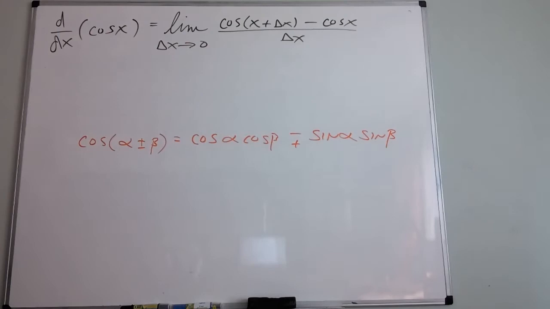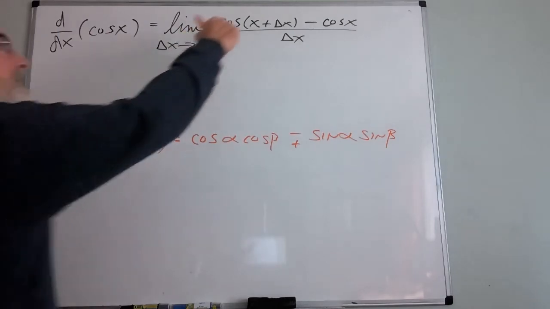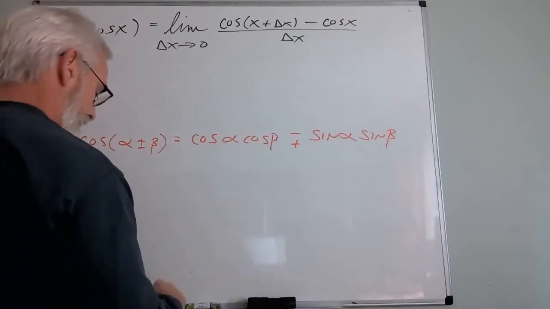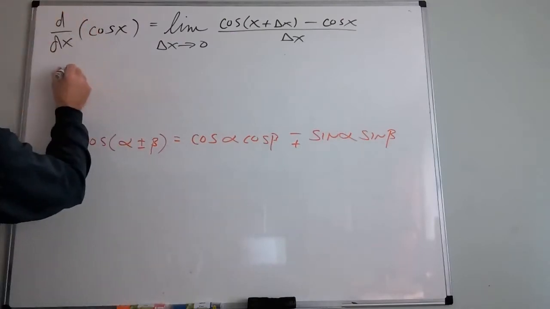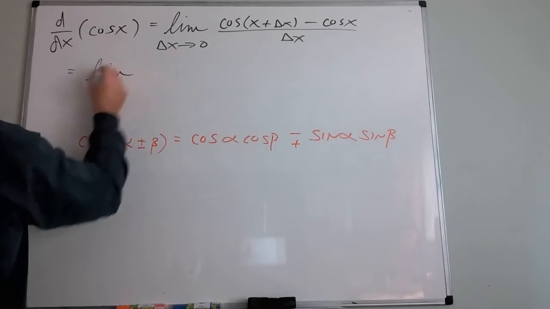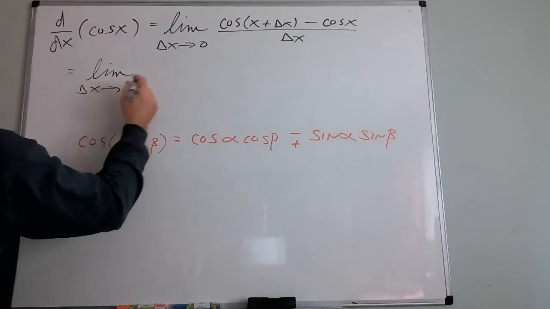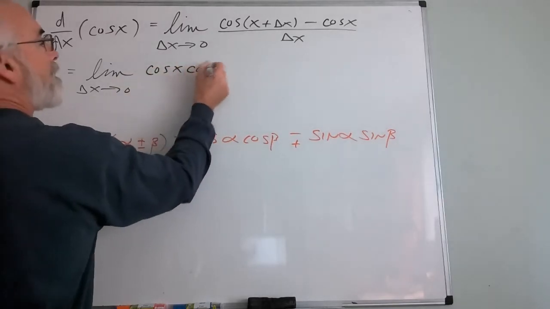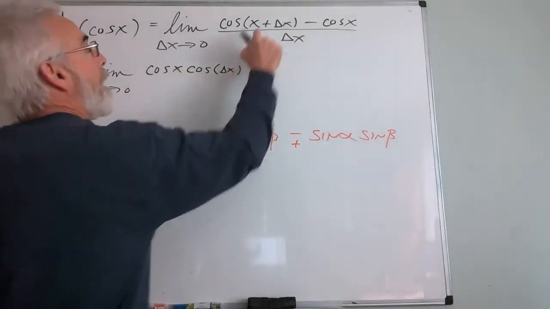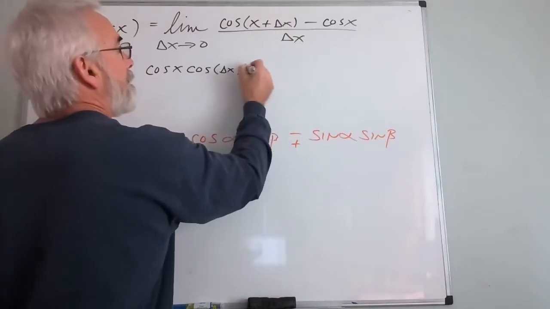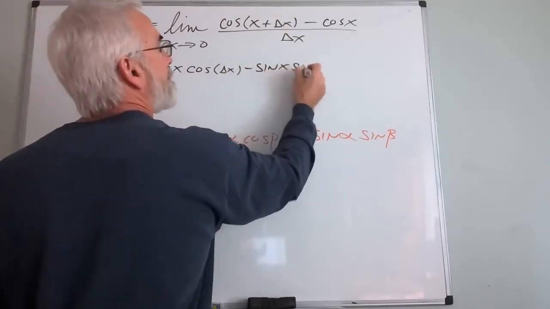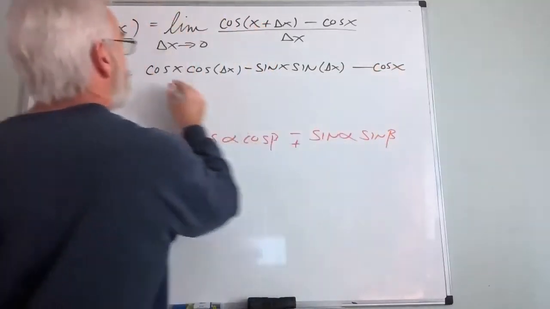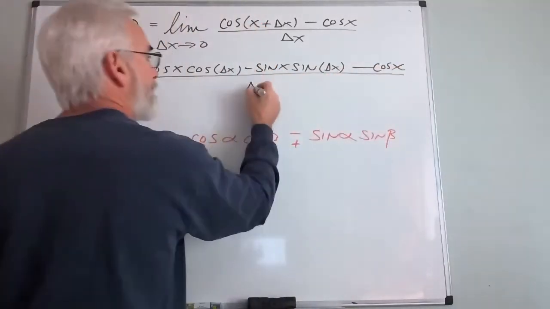Okay, that's a trig identity that if I apply it to this guy right here, then I can expand the cosine function. And my expansion would look like this. So I'm going to have cos x cosine of delta x minus sine x sine delta x minus the cos function all over delta x.